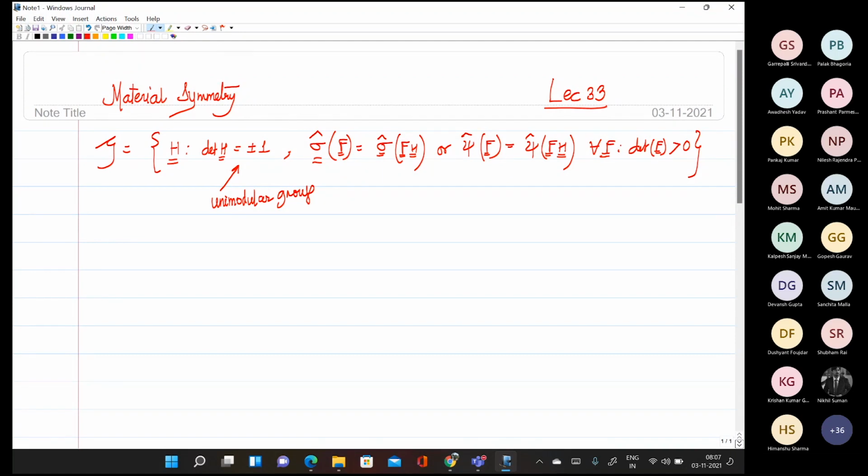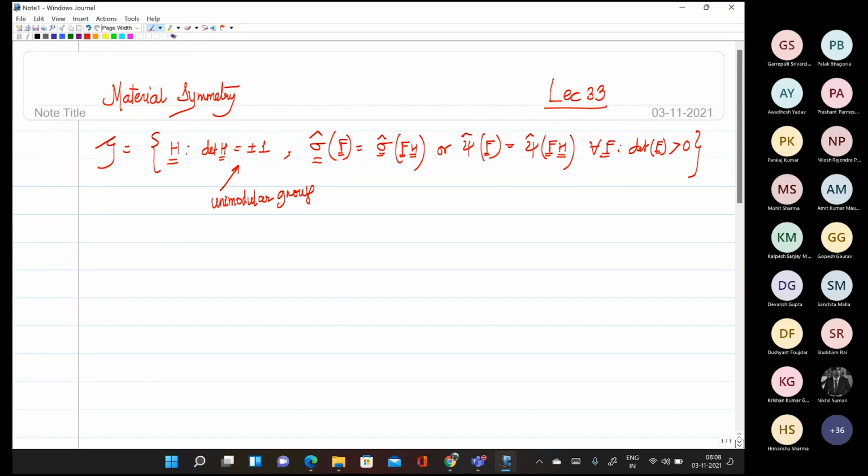And yesterday we started touching upon the isotropy symmetry group. The isotropy symmetry group is the one in which G contains all the orthogonal tensors, both proper rotation as well as improper rotation.